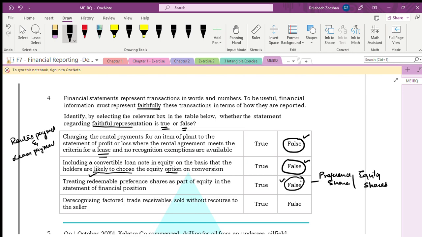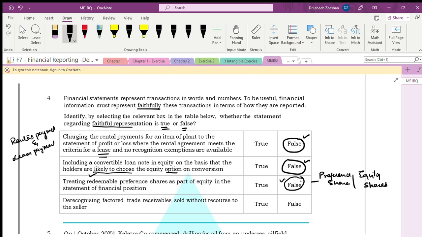De-recognizing factor trade receivables sold without recourse to the seller. Once it has been sold, definitely you have to de-recognize the factor trade receivable, because they are no longer going to be an asset of the seller.